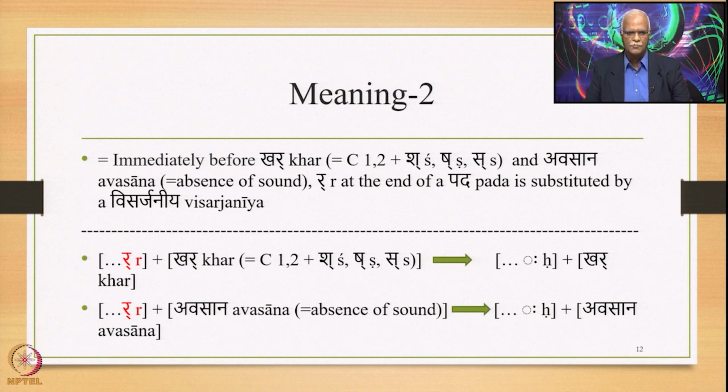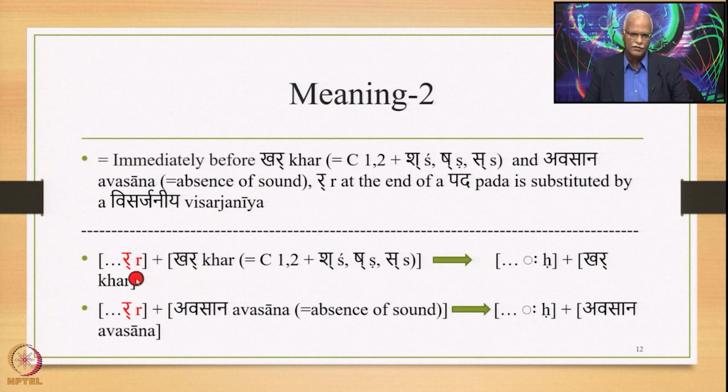I repeat, immediately before khar, khar means consonants 1 and 2 of the class, plus sh, sh and s, and avasana, that is absence of sound, r at the end of a pada is substituted by a visarjaniya or a visarga. So, this particular meaning can be represented in the form of an equation in this manner.